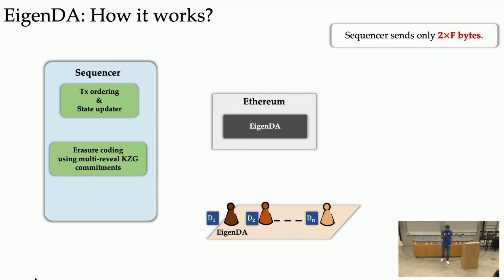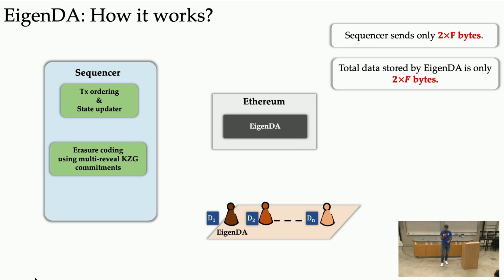Now, each of the nodes receives their data. And remember, they can verify that the data is correct because they have the KZG commitments. They verify that what they're receiving is correct relative to a KZG commitment.